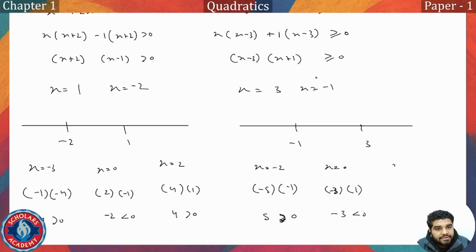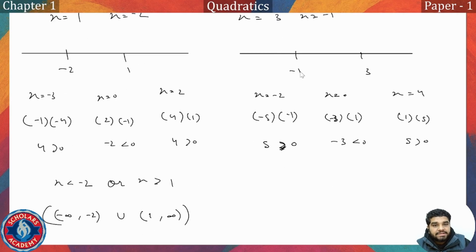If I check the last interval, x = 4, I get 1 times 5, that's 5, greater than 0. So the intervals that satisfy this inequality are when x ≤ −1 or when x ≥ 3, right?